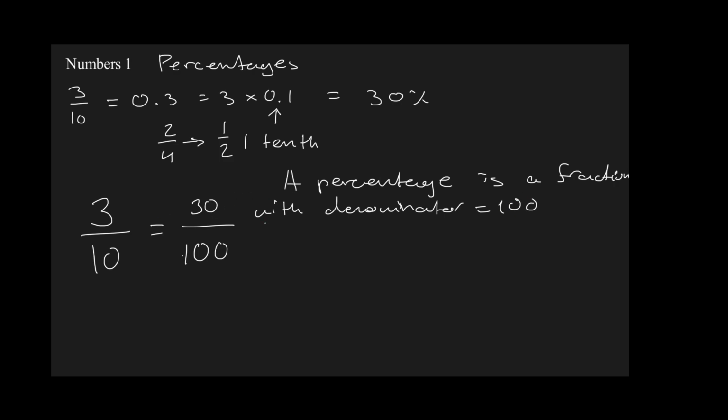So we've actually gotten our answer. This 30 over 100, we can just say that it's 30%. We don't need to say 30 over 100. I mean, who would say that in this day and age? We would just say 30% instead. It's that simple. All right, so let's look a little bit into operations.